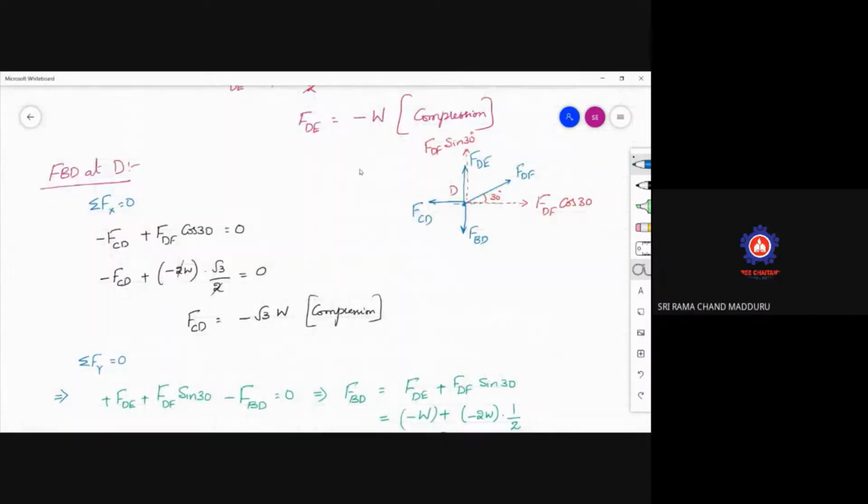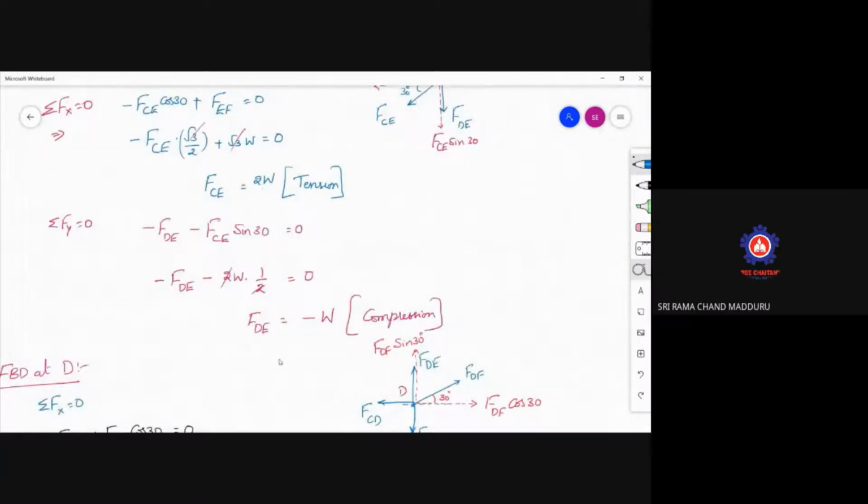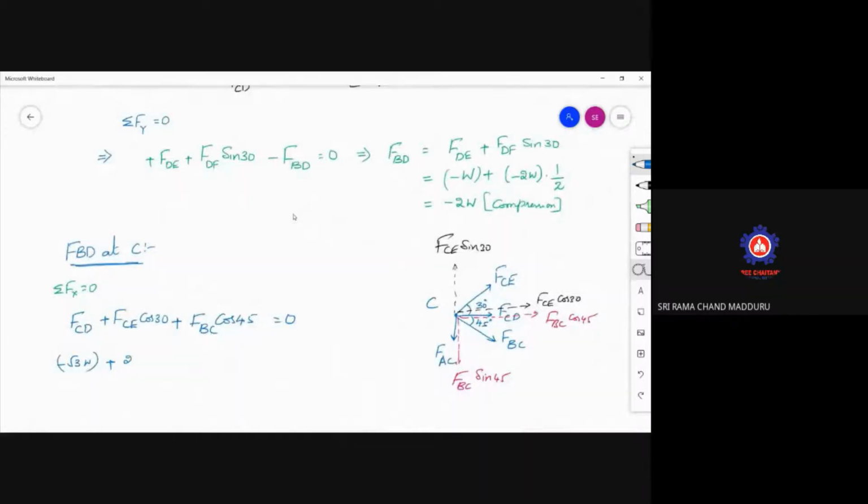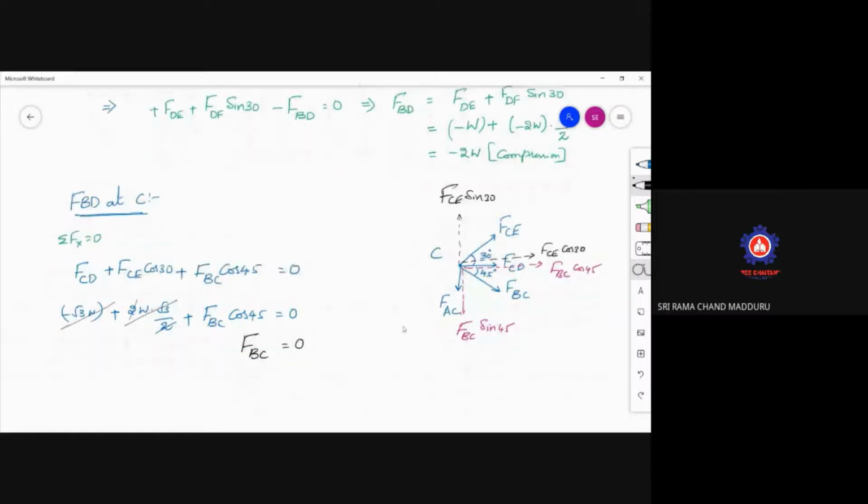Force in CE is 2W. 2W cos 30 is root 3 by 2, plus FBC, that is unknown, FBC cos 45 equal to 0. So this 2 and 2 will be cancelled. Here this is plus root 3 into W, this is minus root 3 into W. These two things will also be cancelled. So FBC will become 0.